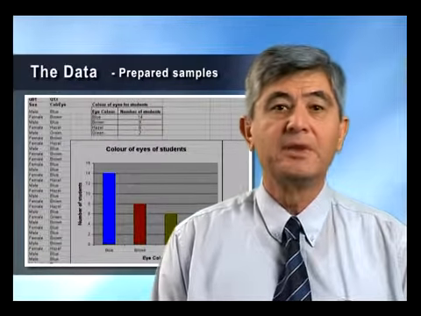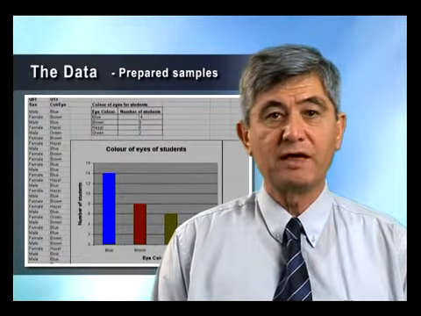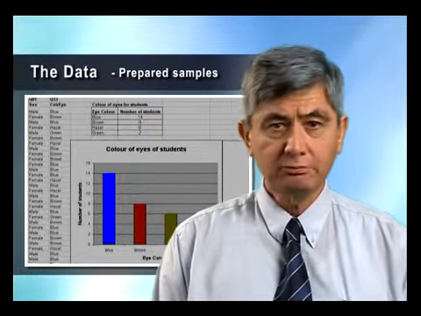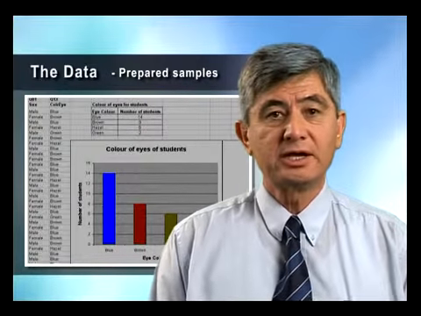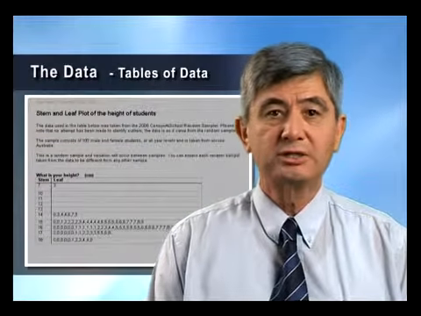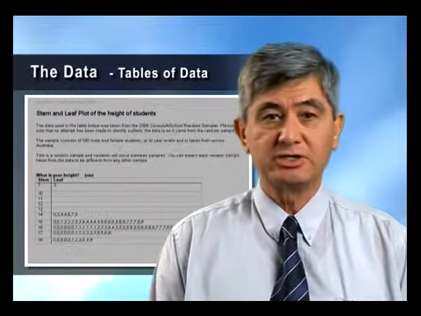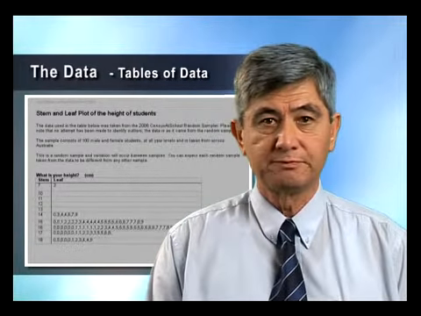In addition to the random sampler, we'll provide simplified samples on the website. These samples consist of a limited number of columns of data and often have a small number of rows. They are likely to be more appropriate for primary students. Data is also available in the form of tables, as stem and leaf plots and frequency tables, so that the Census at School data can be used without the need for access to computers.